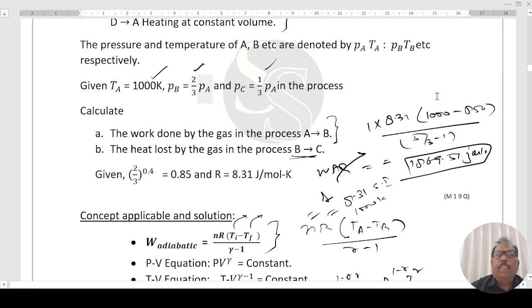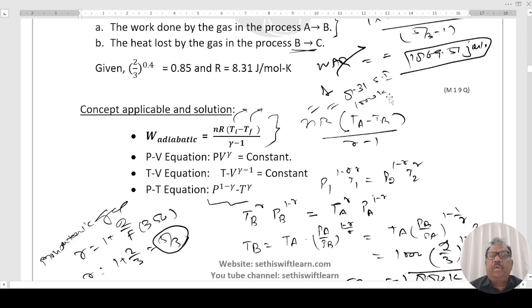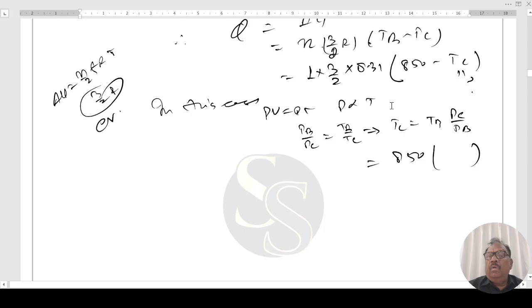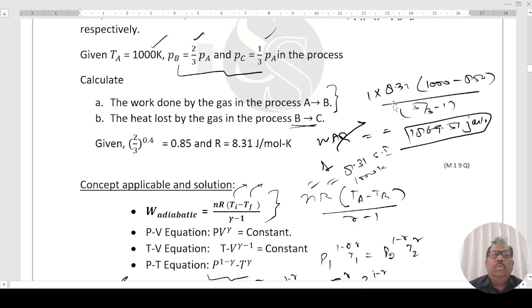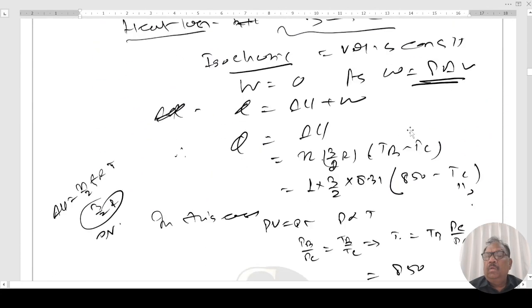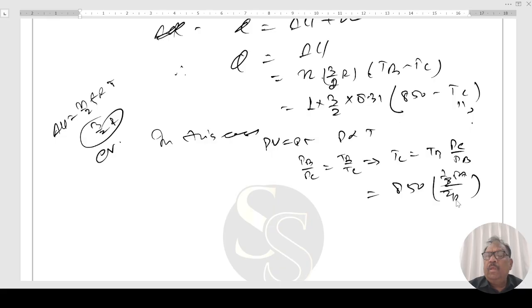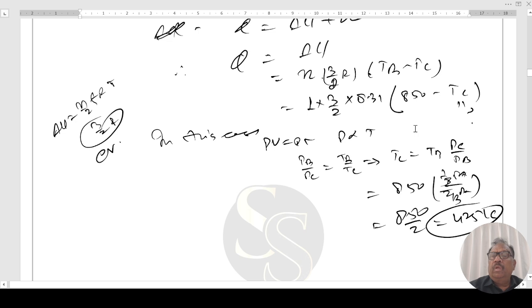Pc is 1 by 3 Pa, upon 2 by 3 Pa. Pa cancels, 1 by 2 is left. That is 850 divided by 2, that is 425 Kelvin. That is Tc, calculated from the given information.